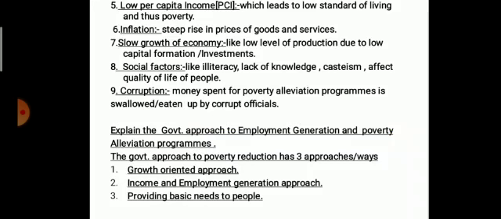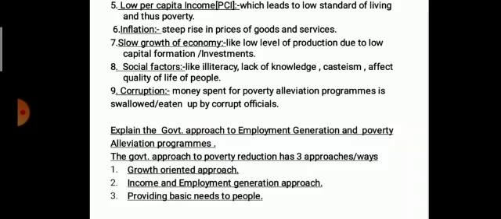When the production is less in the country, then employment will become less. You do more production, you require more labor to produce the goods and services. So when production is less by the firms, then employment is less, and when employment is less, income is less. When income is less, then it leads to poverty. So slow growth of economy is another reason.